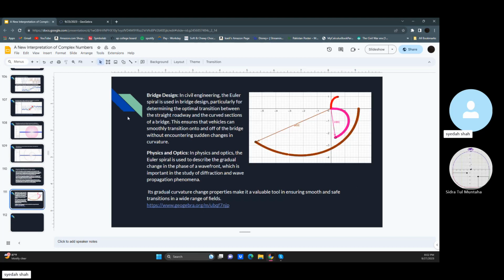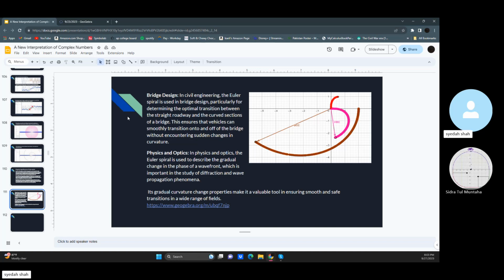Bridge design. In civil engineering, the Euler spiral is used in bridge design, particularly for determining the optimal transition between the straight roadway and the curved sections of a bridge. This ensures the vehicle can smoothly transition onto and off the bridge without encountering any sudden changes in curvature.